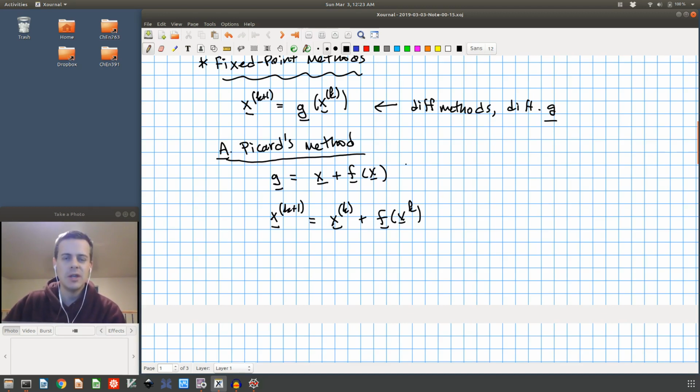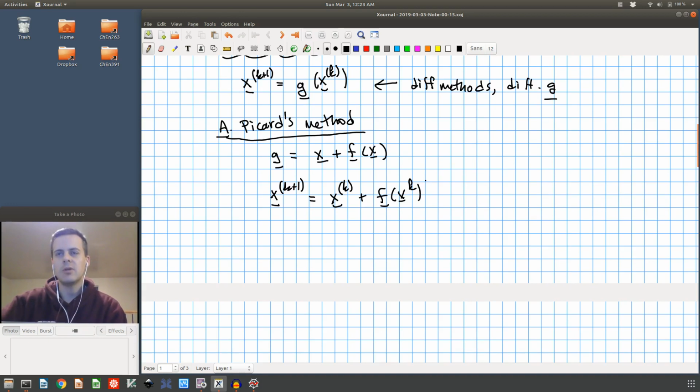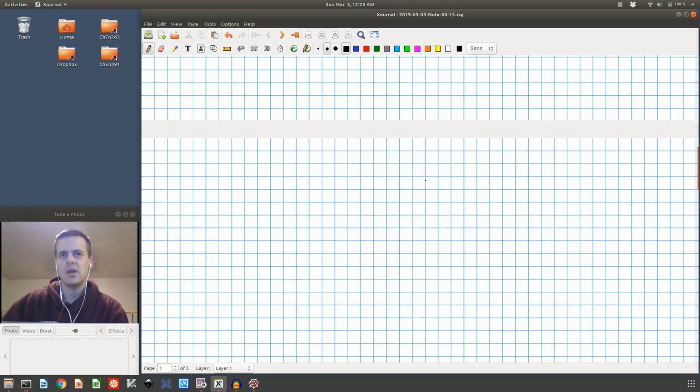In the single equation case, we can get Picard's method to work, sometimes. In more than one equation, it gets harder and harder, and so we'll really rely on Newton's method as our workhorse for multiple equations. But we'll do an example with one that works out, just to see. Okay, Newton's method is our other one.